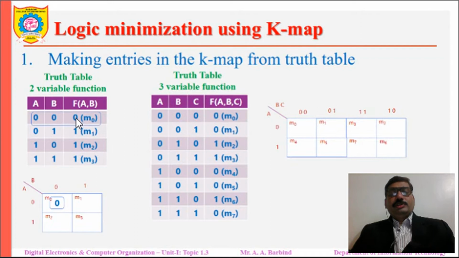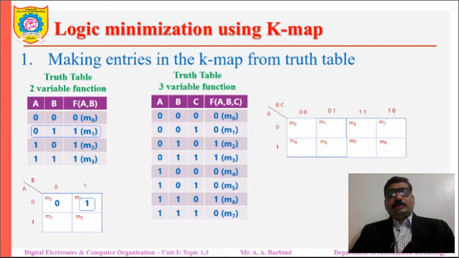So this output entry goes here in the cell for which A is 0 and B is 0. Then the next row in the truth table is for A is 0 and B is 1. So the output is 1. So it goes into the K-map cell for which A is 0 and B is 1.